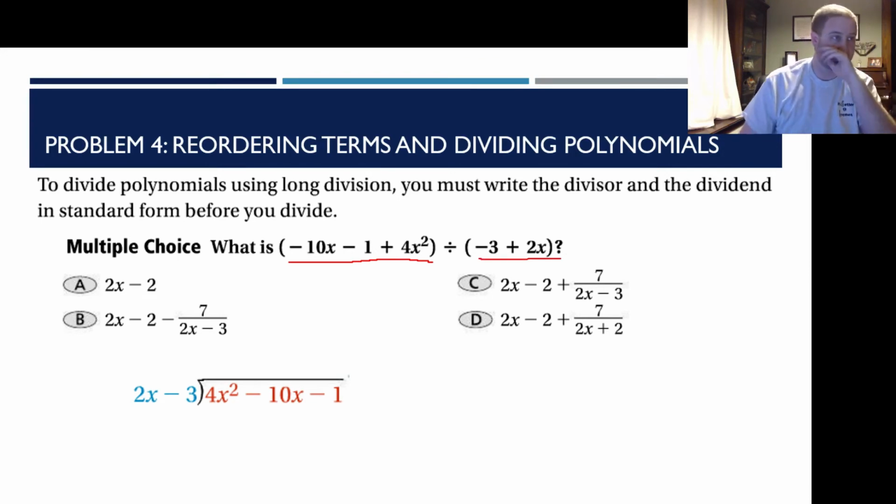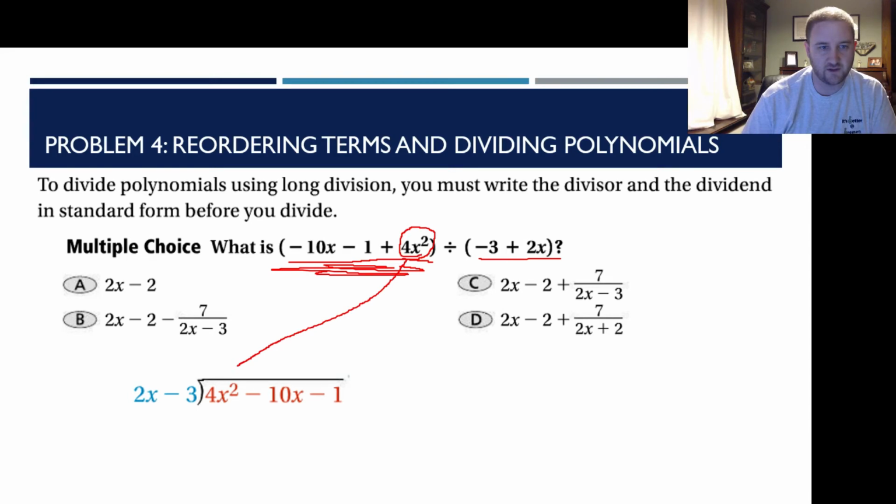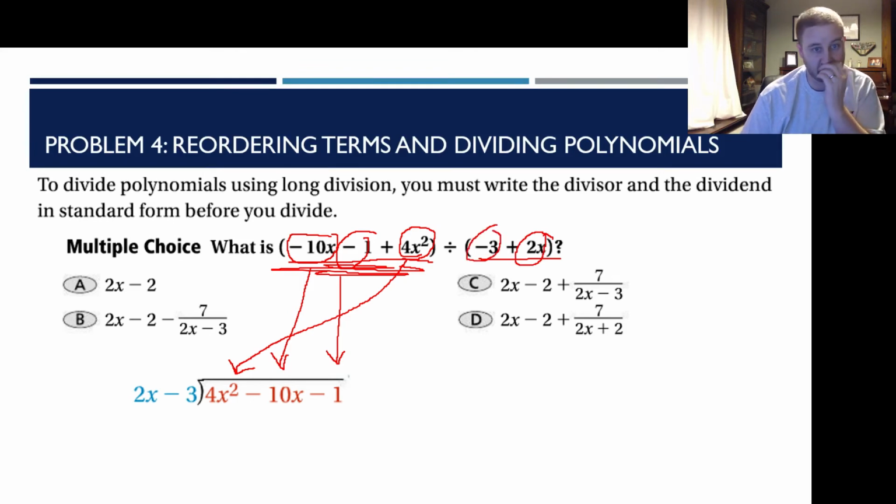Now, if you remember standard form, that's when you have the variables with the highest degrees written first and then going in descending order. So with this one, we want the 4x squared to be first, then the negative 10x next, and last, the minus 1 at the end. And then for the divisor, we want the 2x first, and then the minus 3 second.